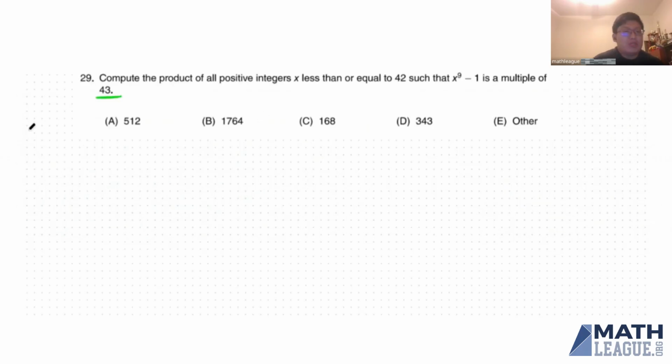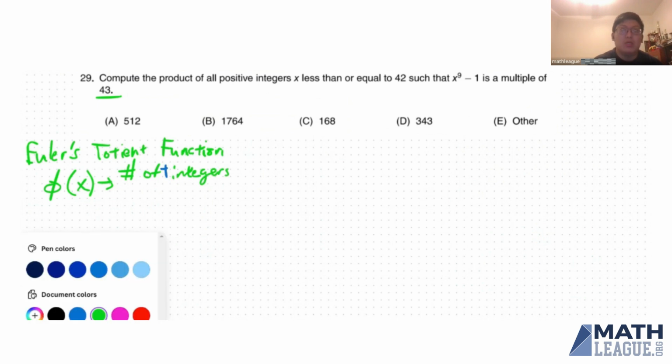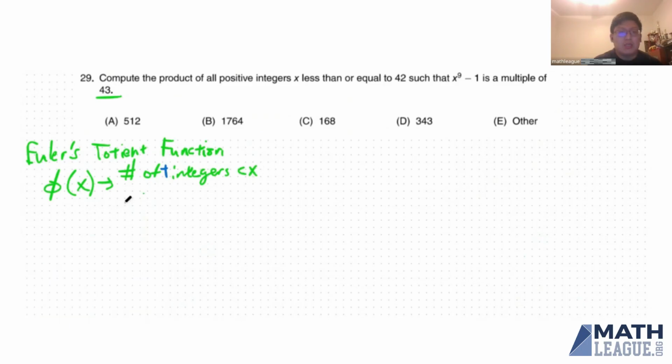But we're going to start by using Euler's totient function. And Euler's totient function is actually not as complicated as it sounds. It's usually denoted by phi of some integer x, and it's just the number of positive integers that are less than x that are relatively prime to x.